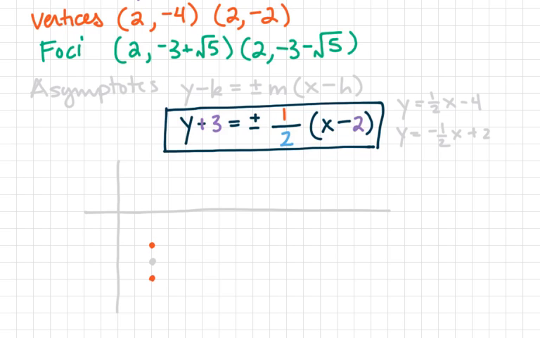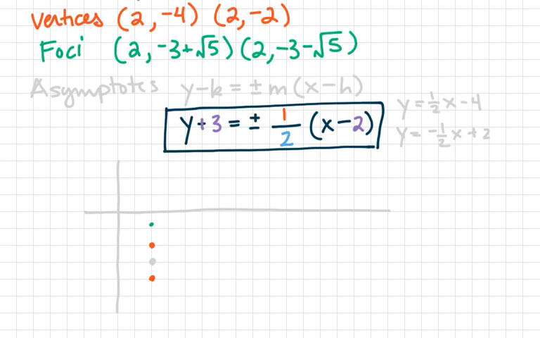So I'm plotting my two vertices, and then my foci are moving an approximate value up and down off that center. Square root of 5 is roughly 2.2, so I'm going to shift this up 2.2 units and 2.2 units down in order to plot those.